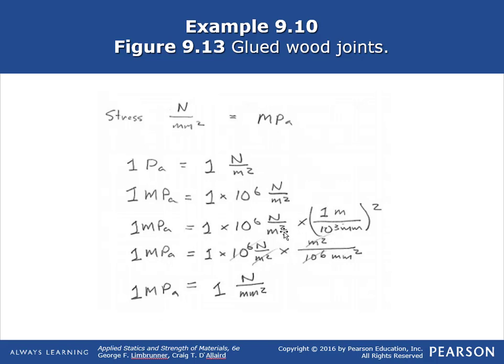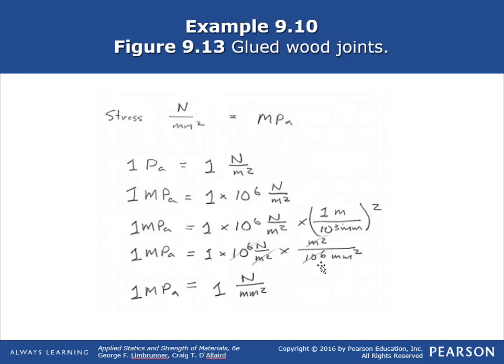So now let's convert Newtons per meter squared into Newtons per millimeter squared. I'm going to do that by multiplying by 1, which is 1 meter per 10 to the third millimeters, and squaring that. So when we do that, we have 1 megapascal equals 1 times 10 to the 6 Newtons per meter squared, multiplied by meters squared divided by 10 to the 6 millimeters squared.